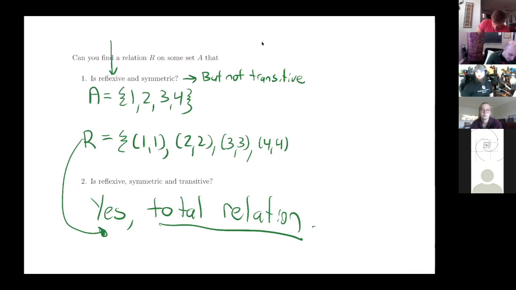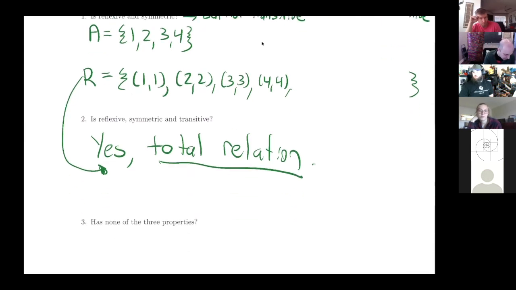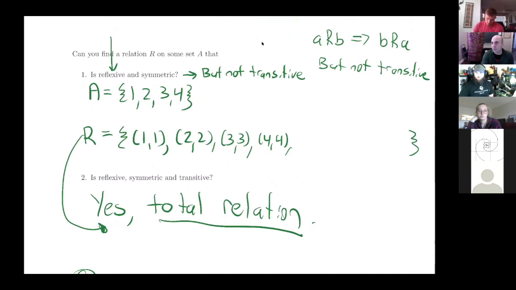So what I want you guys to think about is what else would we need to include so that it's symmetric but not transitive. And if you figure that one out, then try and think about 3. But any questions before I break us up into different groups?